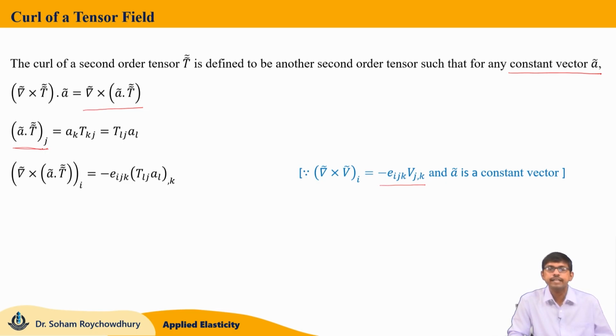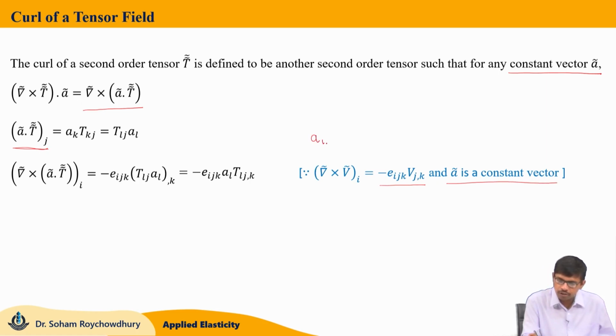Now, this comma k means derivative with respect to the k component of the position vector x_k. Expanding this, taking the derivative, it would be minus e_ijk A_L T_Lj,k. Note that here, as A is a constant vector, A_L,k, which would also appear while differentiating with respect to x_k, times T_Lj using the chain rule of differentiation, is taken to be 0 as A is a constant vector.